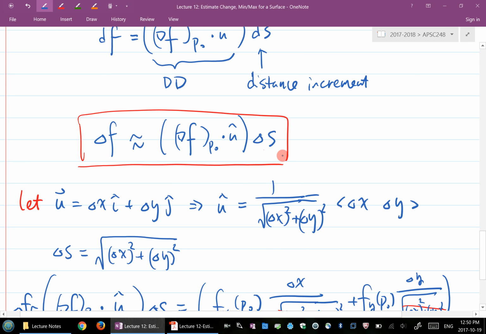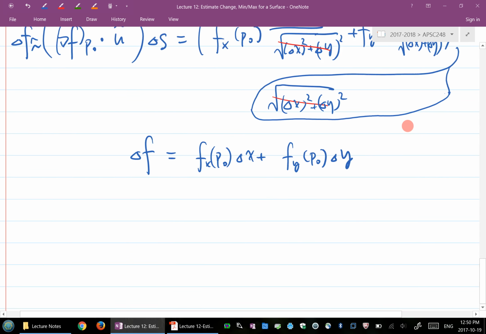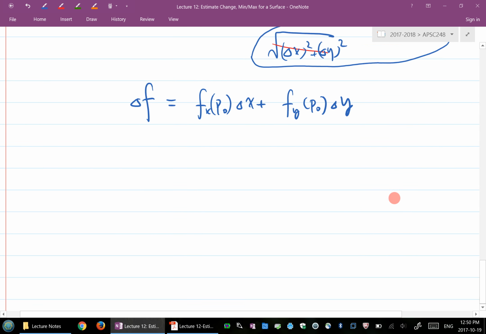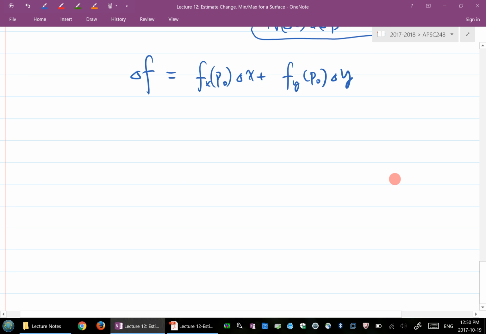But what you have to understand is what each term represents, and the physical meaning of each term. Okay. So let's look at one example, then we'll wrap up.